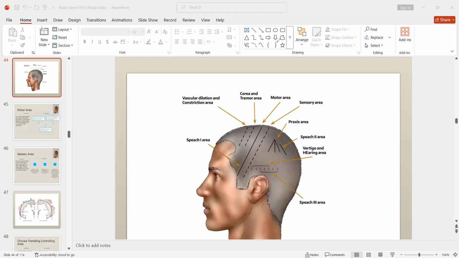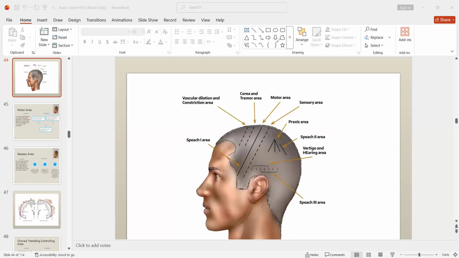Chorea and tremors is for Parkinson disease. Okay. Yes, sir, another area I will tell you. From the vascular dilation area, you go lateral 2 centimeters.